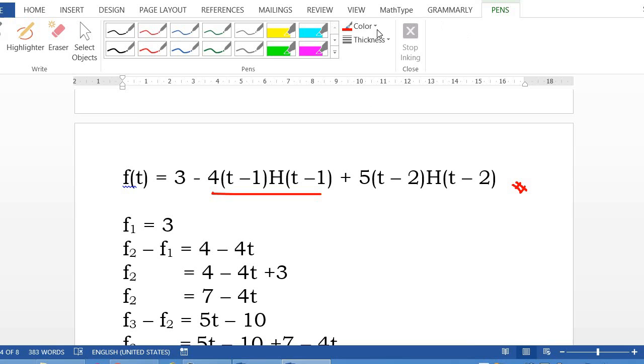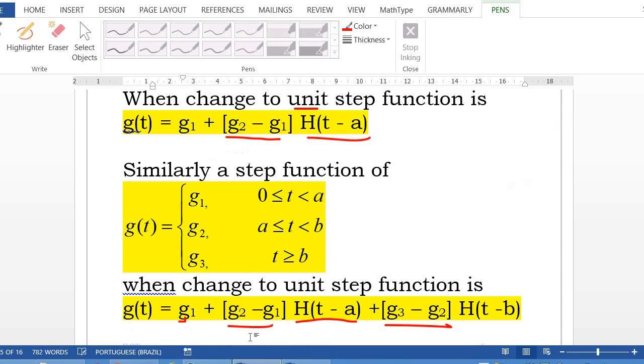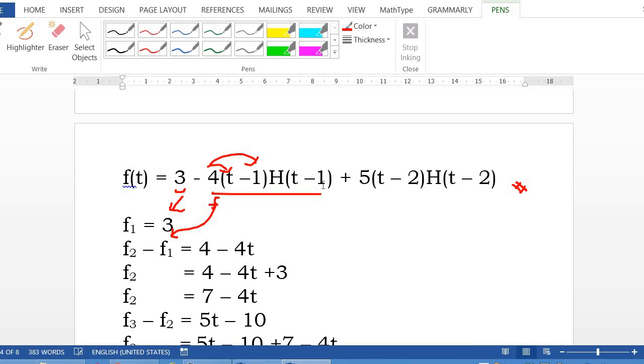So this is f1. F1 is 3. This term is actually f2 minus f1, h(t minus a), where a is 1 here.